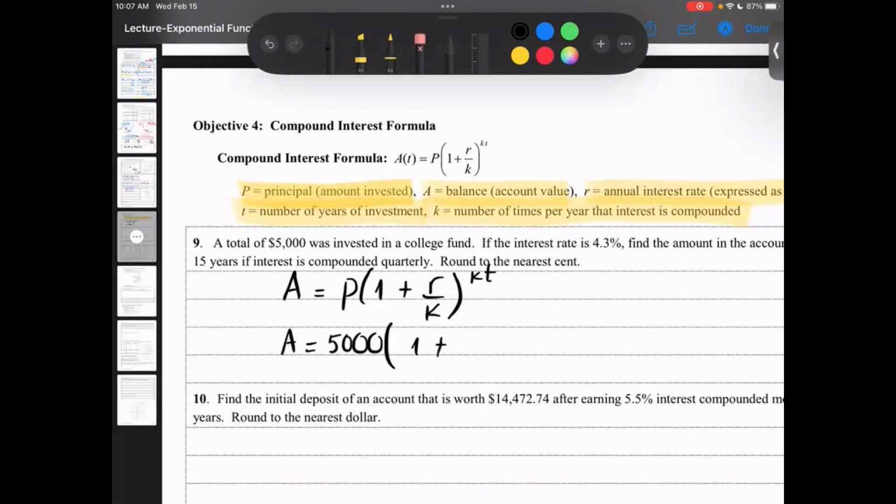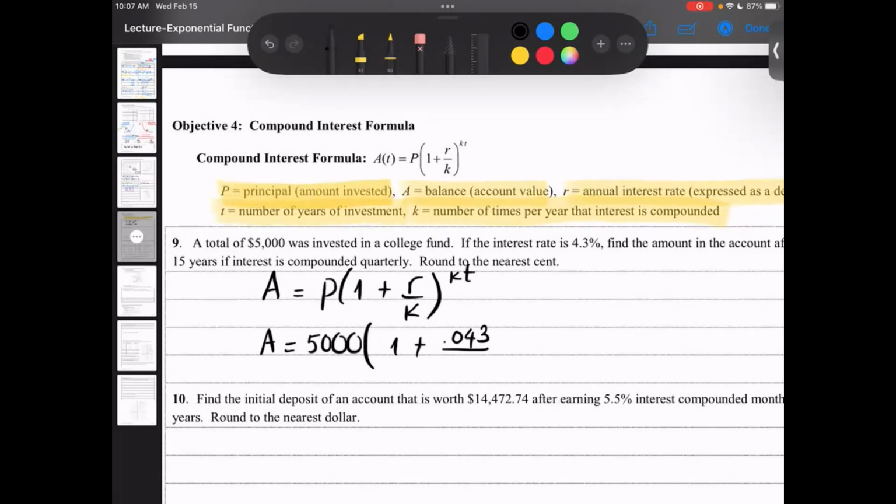1 plus the rate, which is in decimal, will be what? Very good, 0.043, right? Divided by K. It's compounded quarterly, so how many times a year? 4, right? No problem.